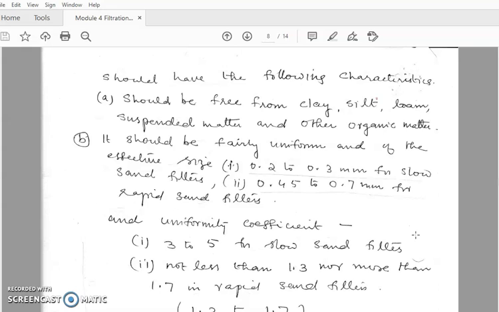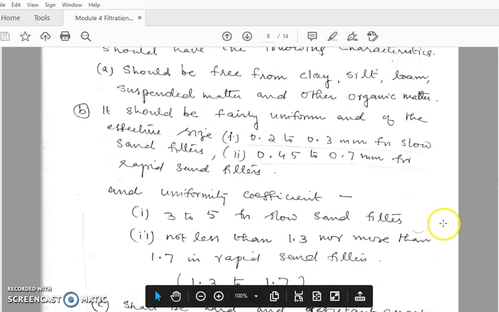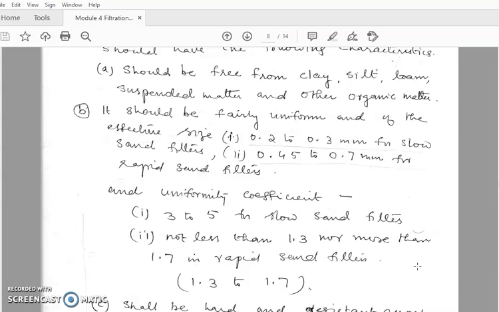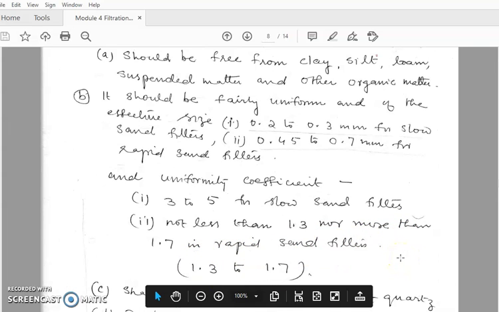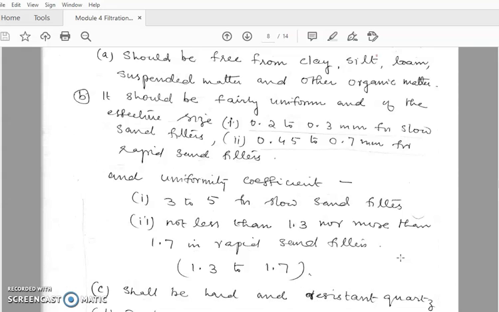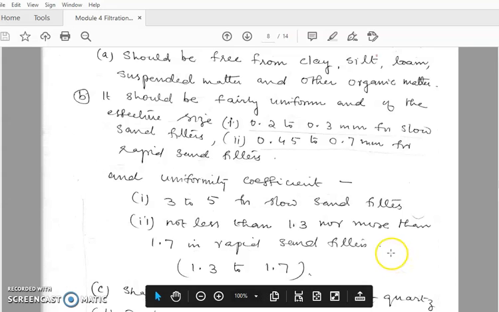Okay. Now the uniformity coefficient. The uniformity coefficient for slow sand filters should be 3 to 5, and for rapid sand filters, it should not be less than 1.3 nor more than 1.7. That means the uniformity coefficient must be between 1.3 to 1.7. So what do you mean by uniformity coefficient?